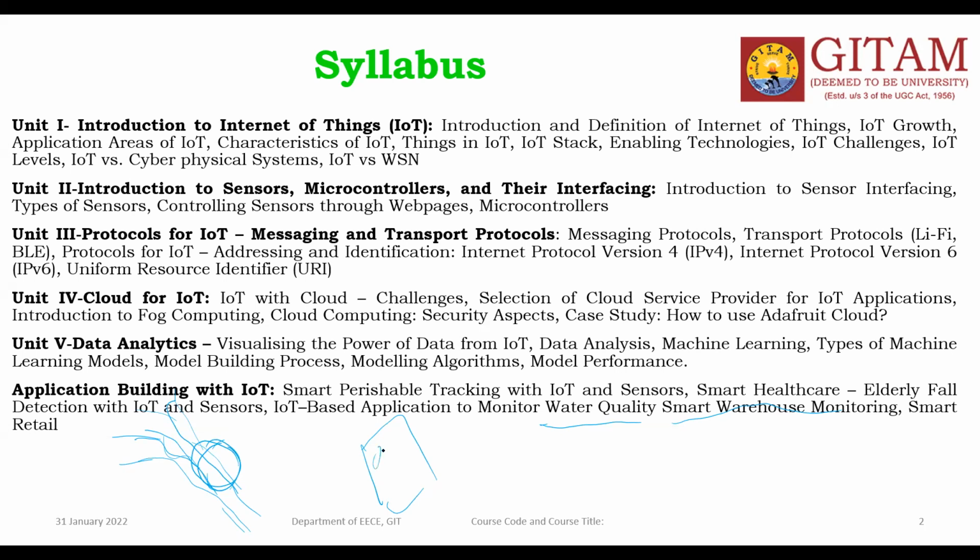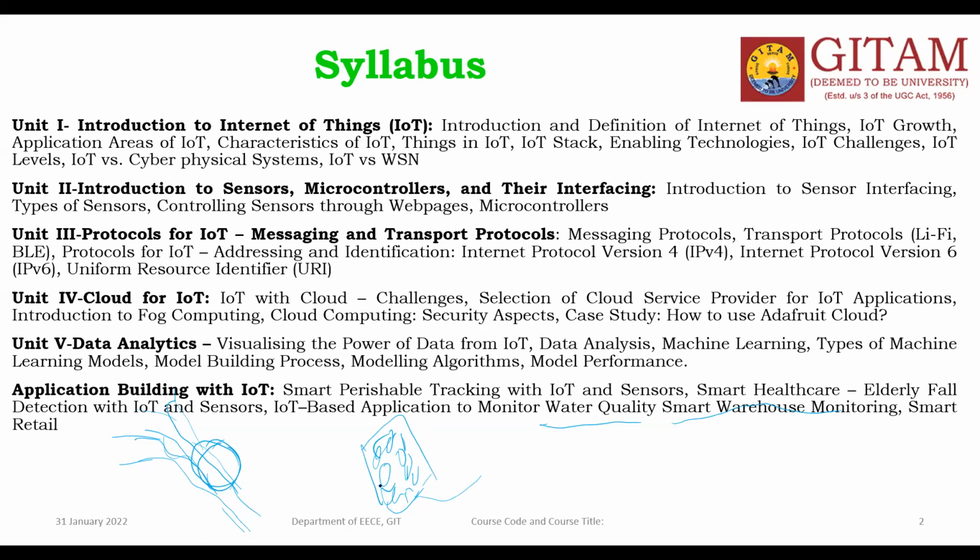There you can keep these food grains, and you can keep your IoT device inside the warehouse to monitor continuously, like the temperature. That means a cooling system is provided in the warehouse so as not to spoil the food.